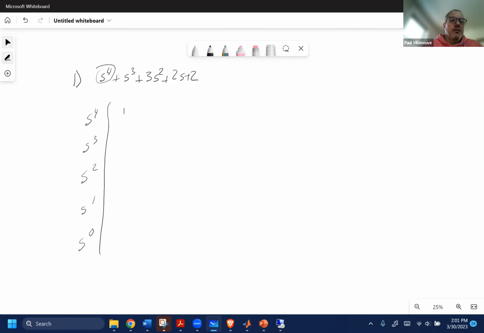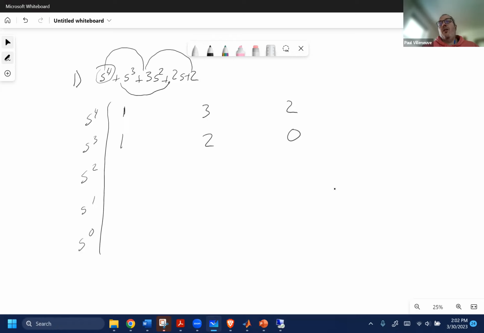Then we start to fill in. We alternate. We have 1, 3, and 2, and I'm giving myself lots of room so I can do the calculation here. 1, 2, and 0. So what I did is I just alternated my coefficients to get the first 2 rows.